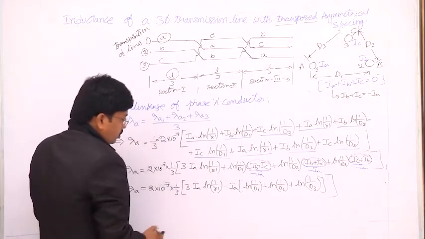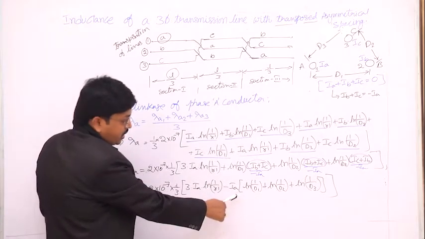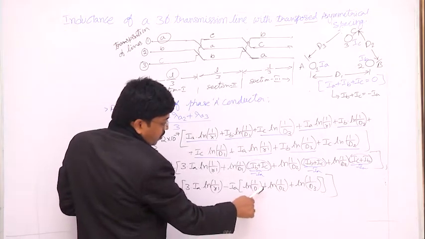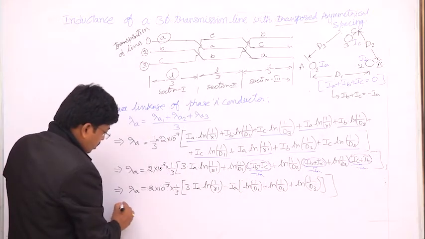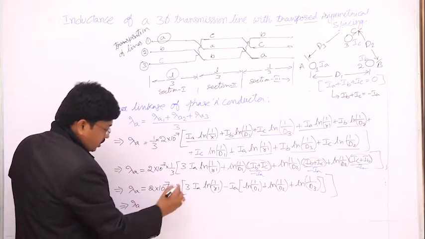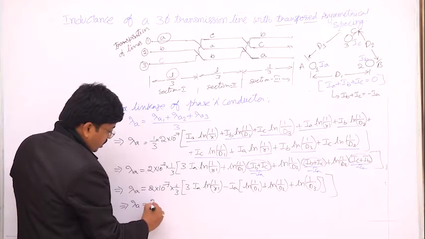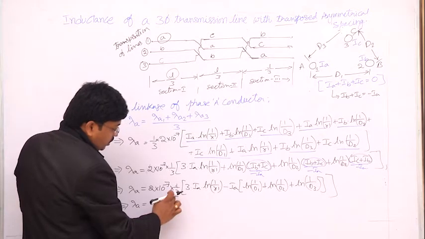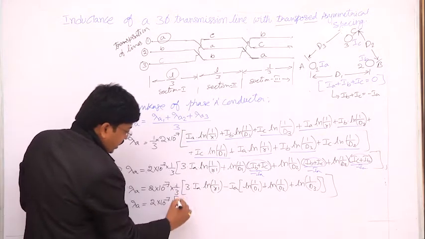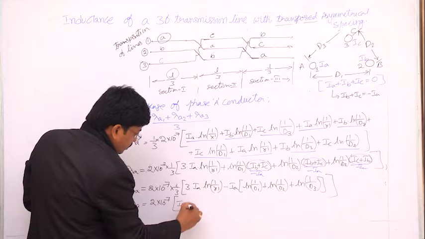Okay. So if you observe, the bracket term is in the form of log A plus log B plus log C, that is log ABC. So from this we can write this expression as lambda equivalent to 2 into 10 power minus 7 into, converting this 1 by 3 and shifting it into brackets, so 3 and 3 cancel each other for this term.